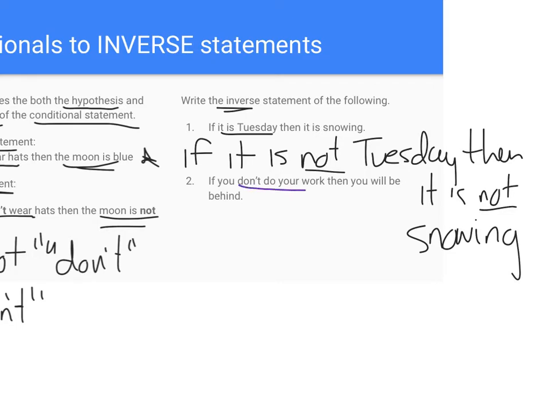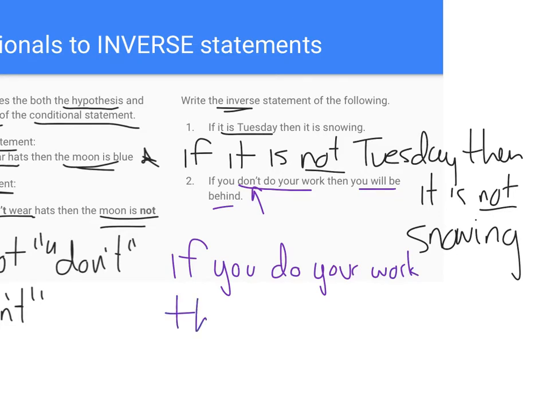So for the second one, if you don't do your work, then you will be behind. So now here I've already got a don't. So I have to say the opposite, so I have to actually switch it back. So if you don't do your work, the opposite of that would be if you do your work, then here I would say instead of you will be behind, I would say you will not be behind.